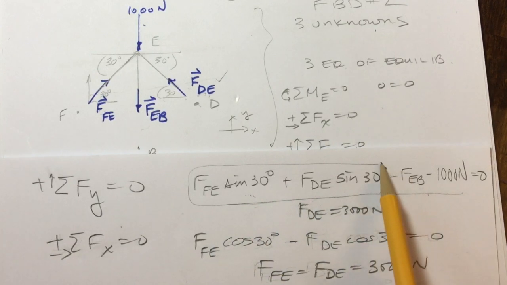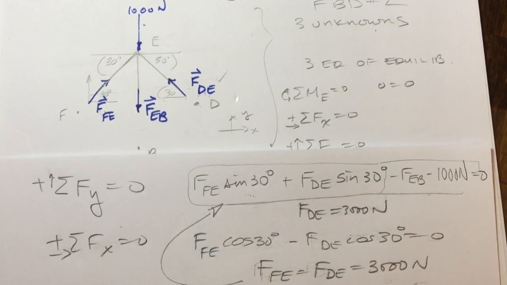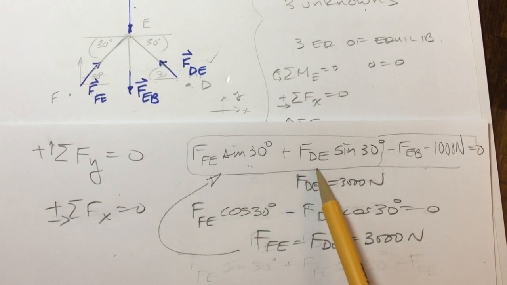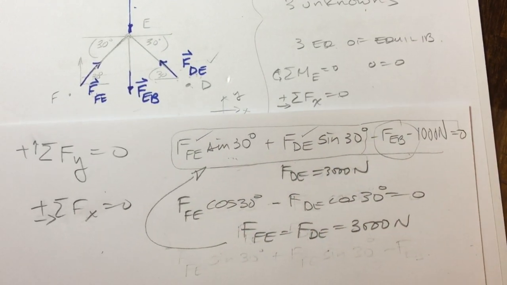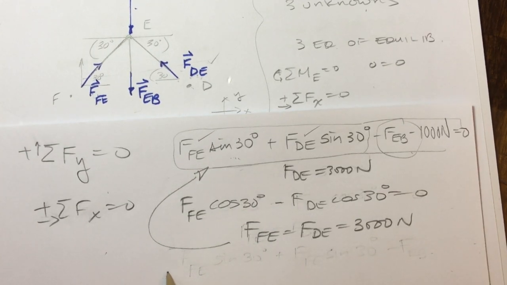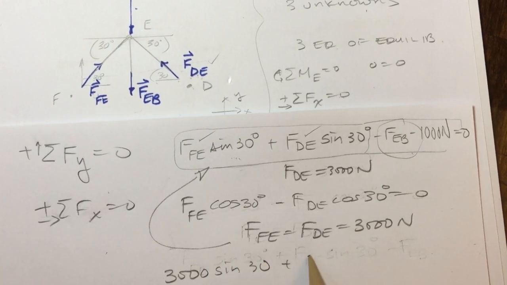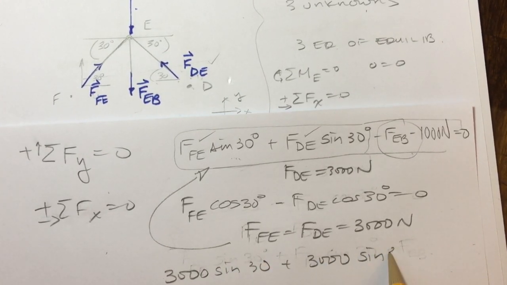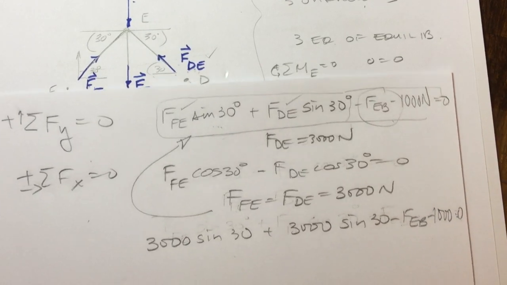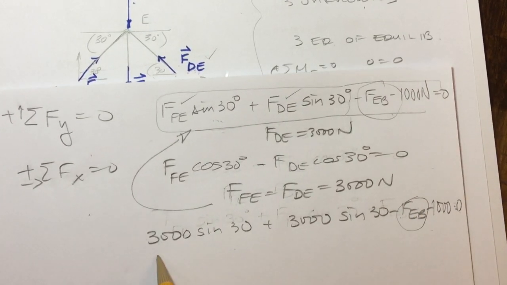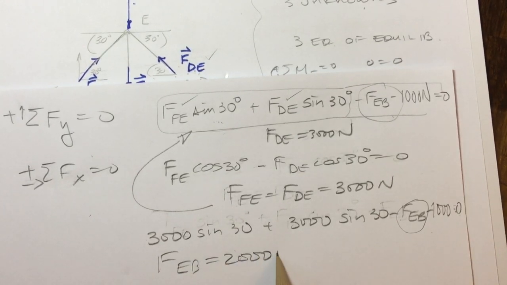So now we can go back to this equation and substitute that in there, giving us values for these two and allowing us to find force EB. So we have 3,000 times sine of 30 plus 3,000 sine of 30 minus FEB minus 1,000 is equal to 0. So we have one unknown, one equation. We solve for that. We get that FEB is equal to 2,000 Newton.